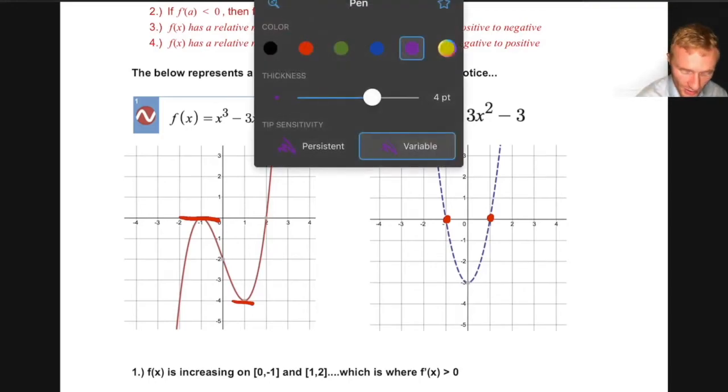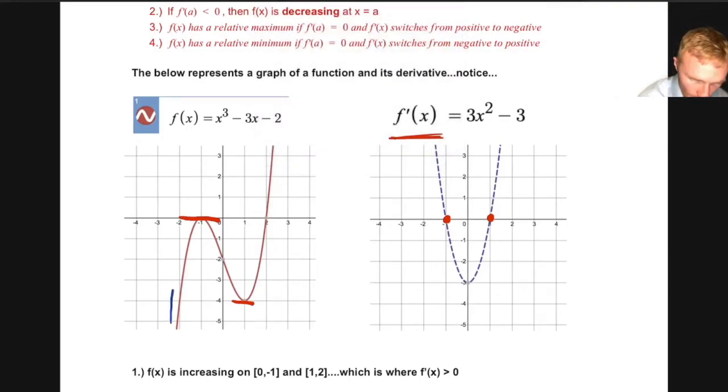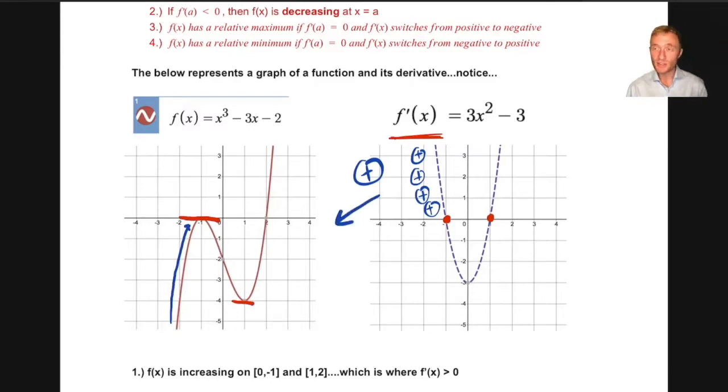What I mean by that is from 0 to 1, this graph is on its way up. On the purple graph, yes, the derivative is on its way down, but it's still positive. It's still above 0. The derivative, because it's the slope of the tangent line of that function, is positive.